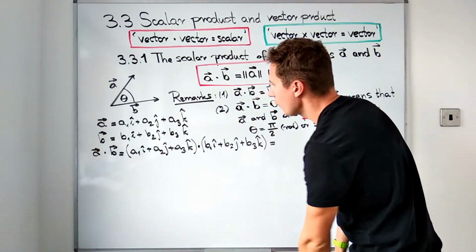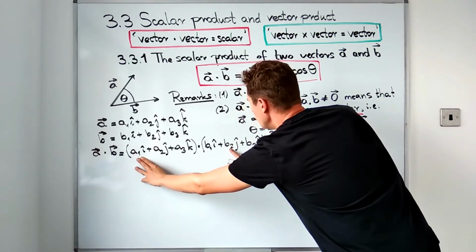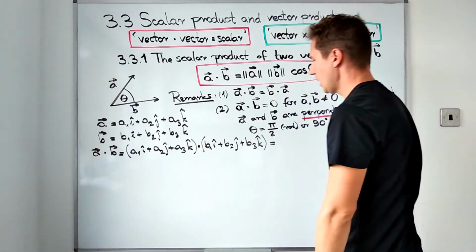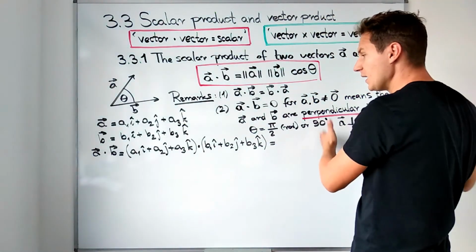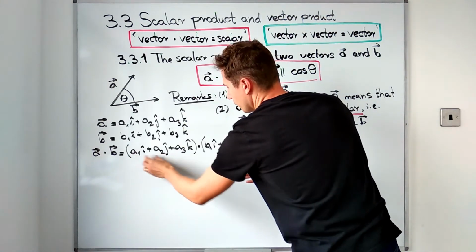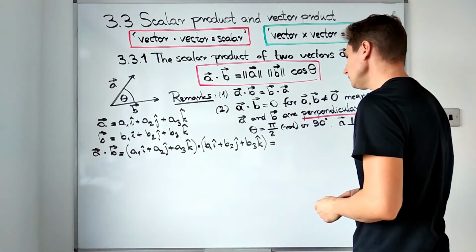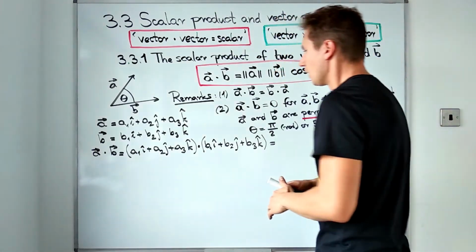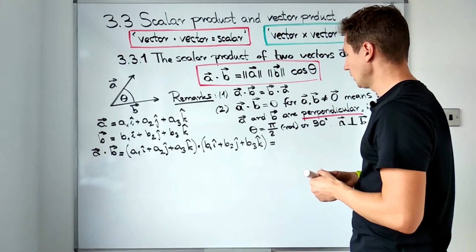For example, we'll have a term with a1 times b2 and the scalar product of i hat and j hat. So if we do this expansion, we'll have 9 terms, 3 for each of these first 3 terms.